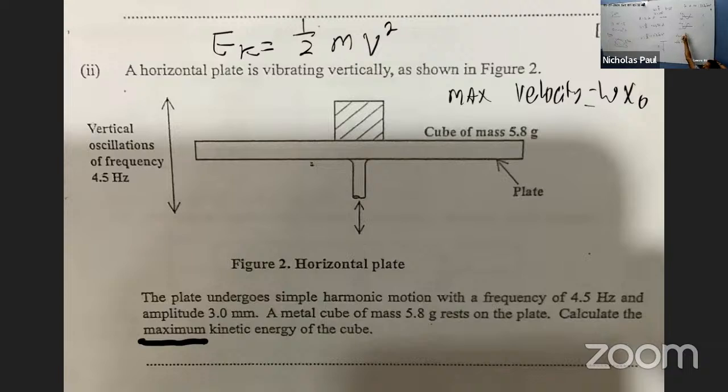And how do you find x naught? x naught is the maximum displacement. So in a question like this, you should highlight this is frequency, this is x naught, so you'll know what quantities you have and what you're working on.